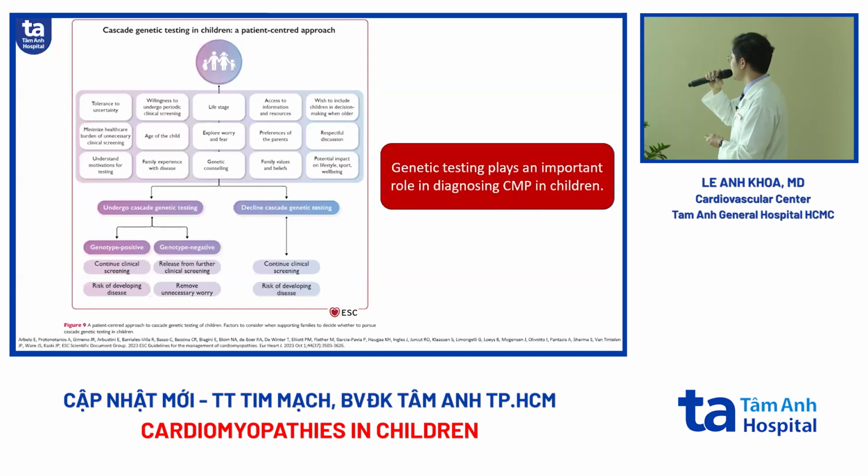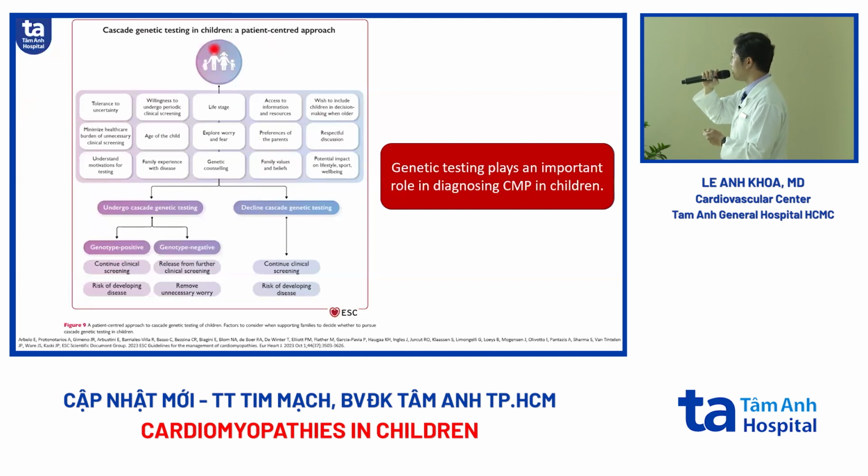And genetic testing plays an important role in the diagnosis of cardiomyopathy in children. You see this algorithm, with the patient in the center of this approach. Before genetic testing, we have to consider the advantages and the drawbacks of genetic testing.